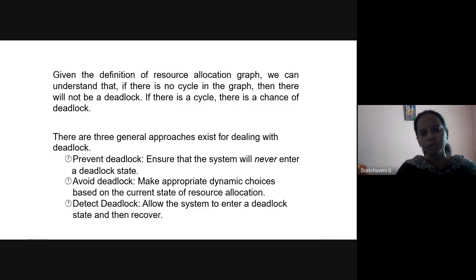Prevent deadlock. How to prevent deadlock? There is a proverb: prevention is better than cure. Instead of curing after you get some disease, which is very difficult, prevent it. In the same way, you can see what the whole world is doing now: keeping social distancing, and we have to stay at home to keep our country safe.